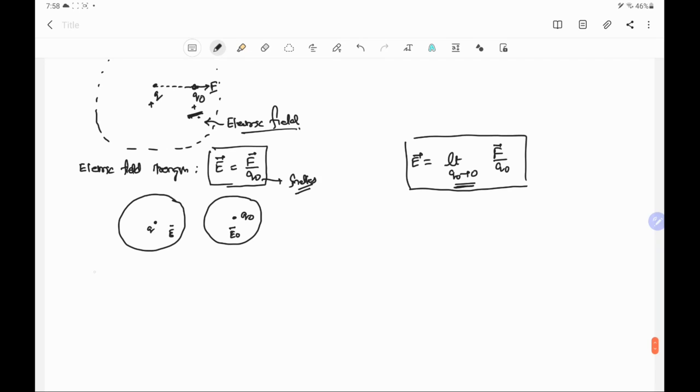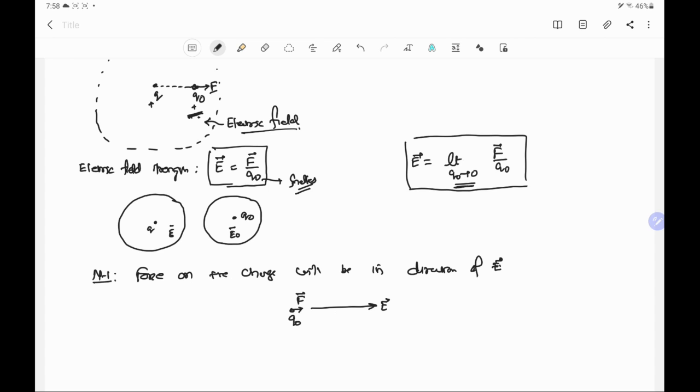Here, one note is to be noted down. Force on positive charge will be in the direction of electric field. Suppose this is the direction of electric field and a positive charge Q0 is placed here, then it will experience a force in the direction of field.